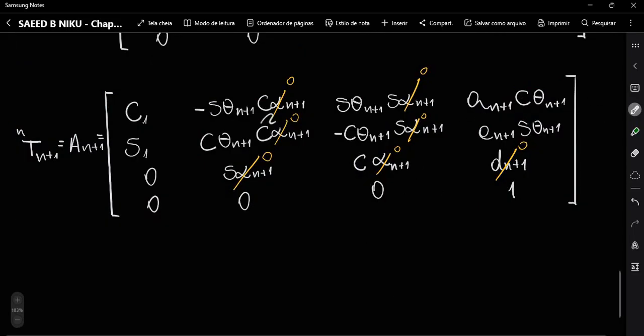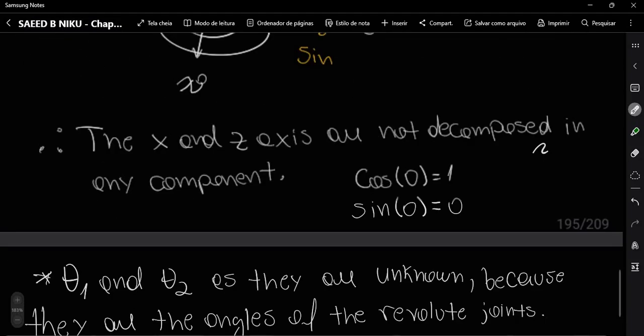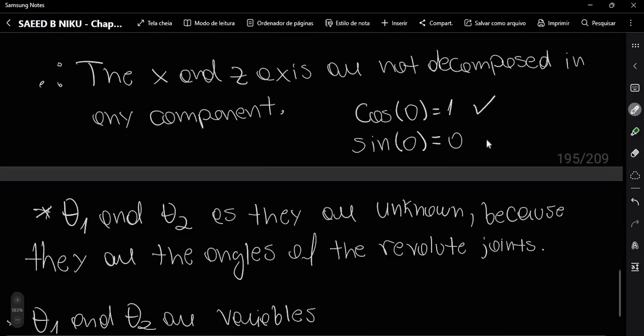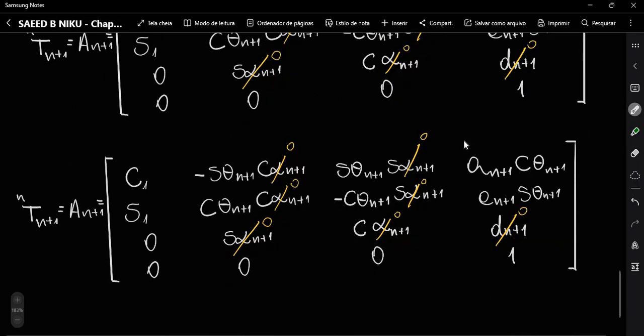So cosine of 0 is equal to 1, and sine of 0 is equal to 0. So right here is 1.